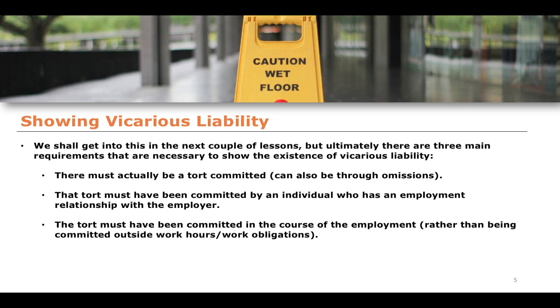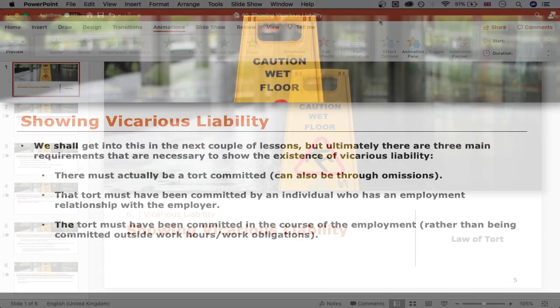Maybe they assault someone, and then this third party victim on this night out goes and tries to sue the employer. Of course, the employer shouldn't be liable for the actions of their employees outside of work hours and outside of work obligations. That would be a bit silly as well. So as a result of this, it is only up to the course of the employment that we see that a vicarious liability should arise.